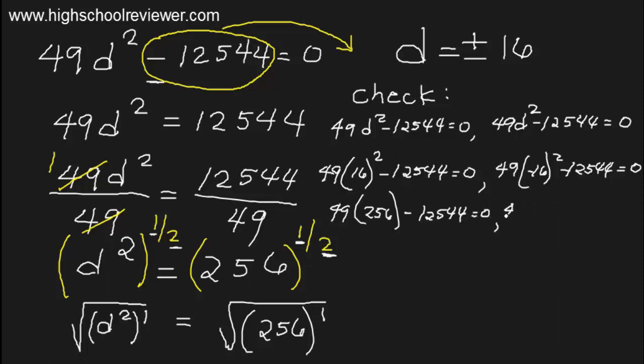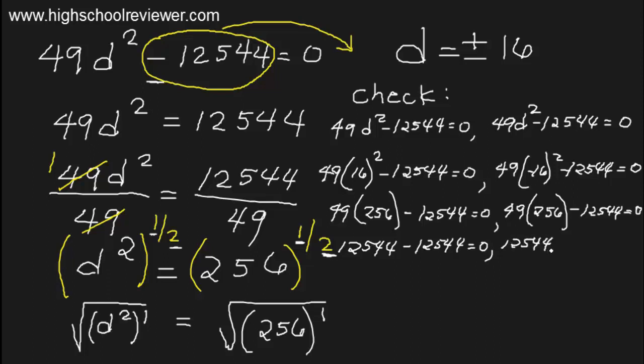And this will also be 49, negative 16 raised to the power of 2, that will also be 256 positive, minus 12,544 equals 0. Now, 49 times 256, that will also be 12,544. So minus 12,544 equals 0.